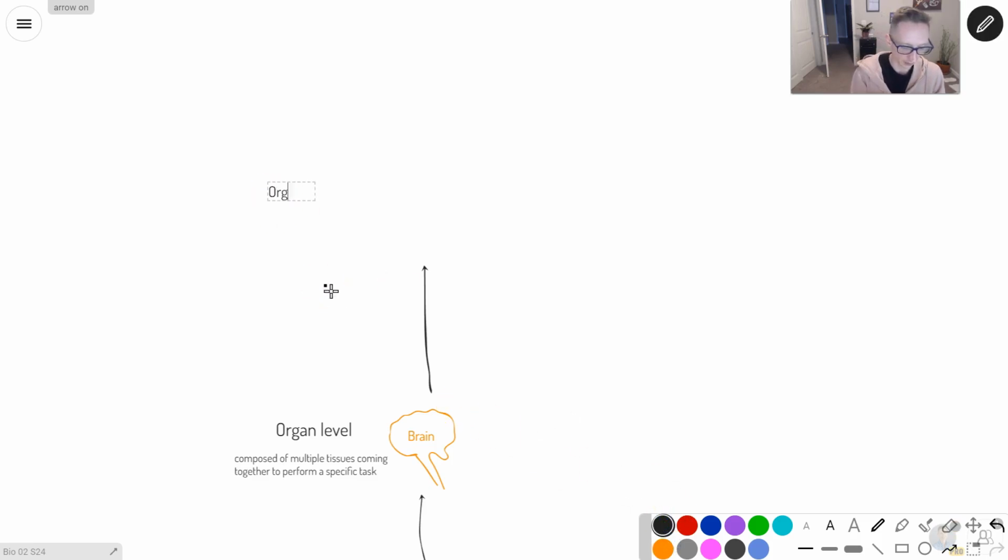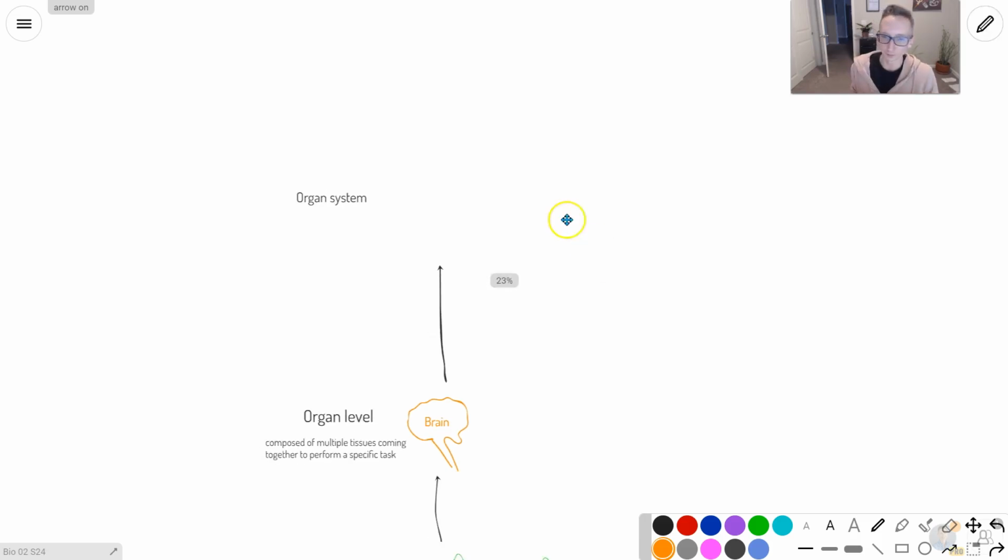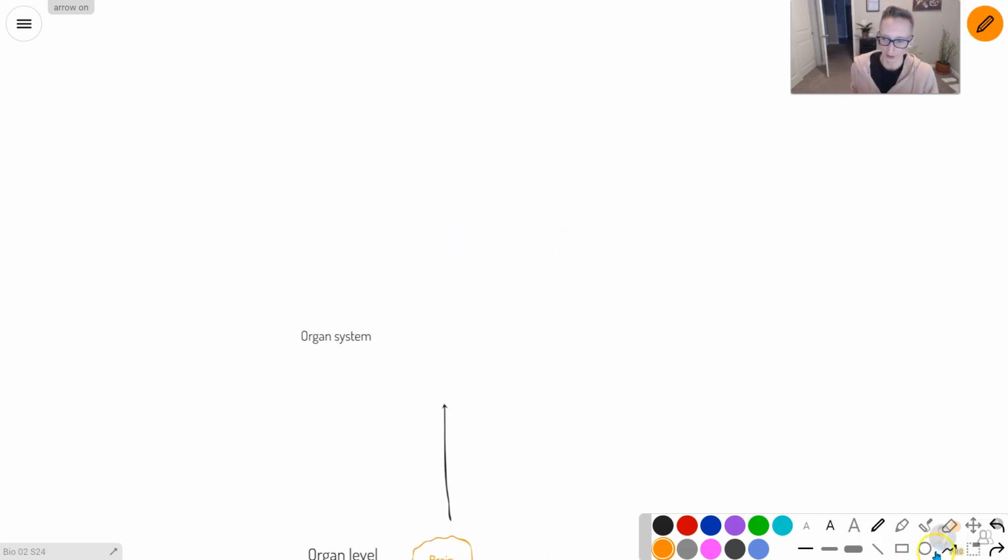system. Organ system. So this would be like your nervous system. So now if we look at the brain kind of head on, like a front view, we would look something like this. This would be the brain up here. And then we would have our spinal column, or our spinal cord, sorry. And then off of this, we would have all these peripheral nerves coming off like this.